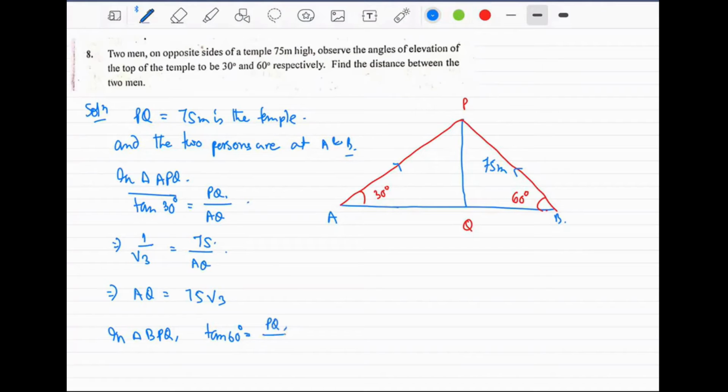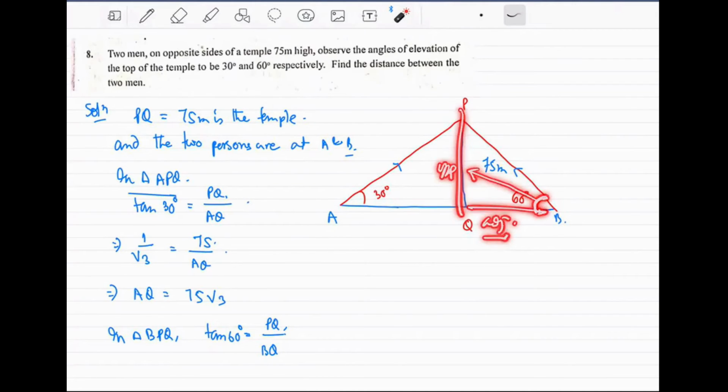Opposite is PQ, adjacent is BQ. I assume that you all understand how I obtain this. Because tan 60, if this is the angle, then this is the opposite side, this is the adjacent. Tan is opposite by adjacent. So PQ divided by BQ. That's how we have obtained this.